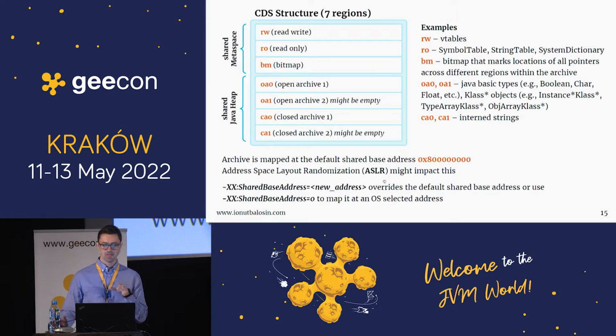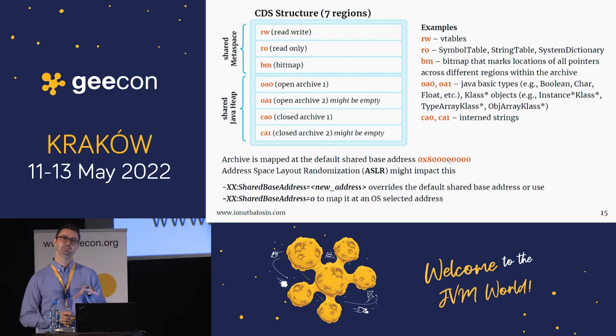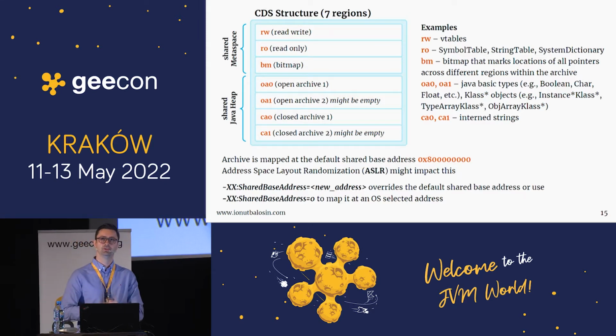It says that when this archive is created implicitly during the dumping process, it's mapped to a fixed address, and you have this address here. The problem is ASLR, a security enhancement, which says that every time, inside one process, the virtual address space is randomized.